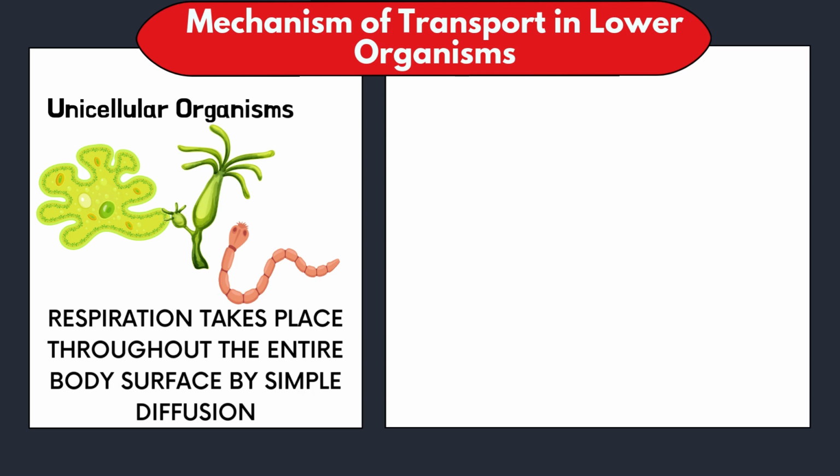Now, in unicellular organisms like amoeba and paramecium, there are no special respiratory organs. They live in aquatic environments, and oxygen that dissolves in water diffuses into the body, while carbon dioxide goes out of the body through the surface.